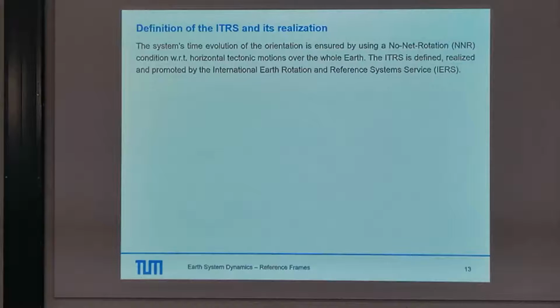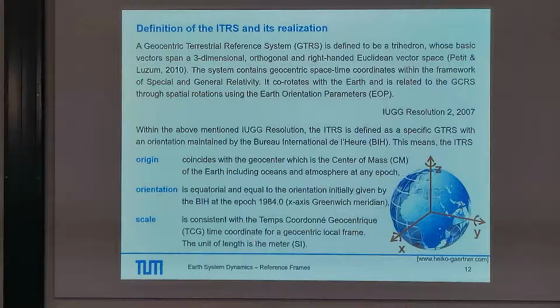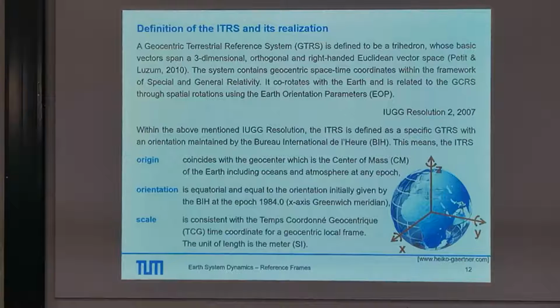We have at any epoch the origin always coinciding with the center of mass. We have a time-independent definition of the scale, which should always be the TCG time coordinates, and the unit length of the meter is the SI meter, which is also stable in time.